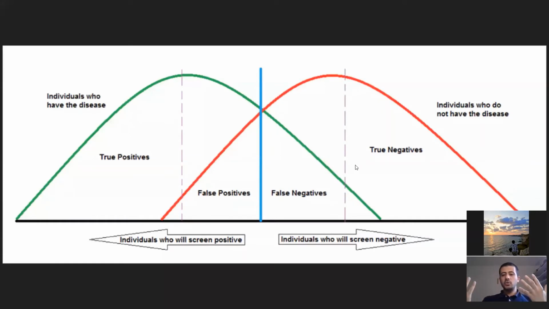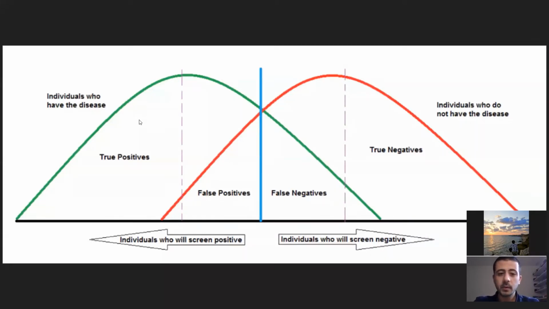And those two distributions sometimes are the other way around. So here we have individuals who do not have the disease. Here we have the negative distribution and here we have the positive distribution.